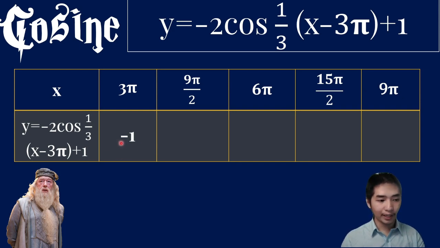For the value of y, since we have a negative as our a, negative 2 plus 1 is negative 1. Then next is 0 plus d, which is positive 1. Then next is positive 2, or positive a, plus 1 is 3. Then 0 plus d is 1. And then let's copy this, negative 1.